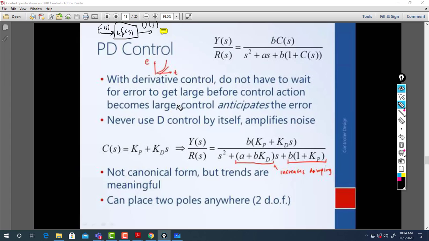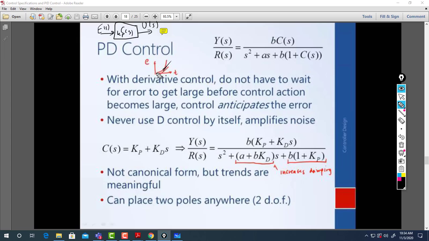But with the derivative, you don't need to wait for the error to get large before the control action becomes large, because the derivative is the slope, it's predicting. Once you have a trend of going up, the derivative term predicts the future. So it anticipates the error before it gets large, because I don't desire a large error.